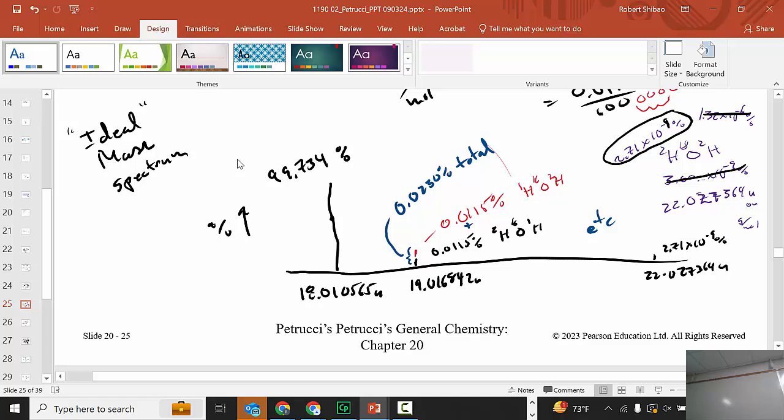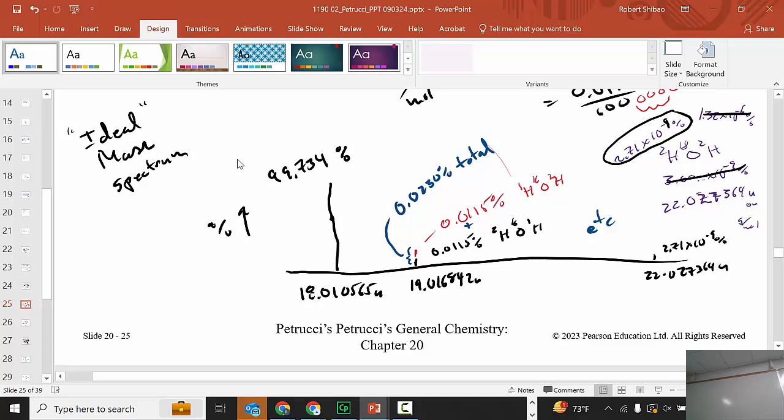Okay, in this way we can generate the entire mass spectrum. And so what we're doing is we're using that Appendix D data to generate the mass spectrum of a molecule. The Appendix D data actually comes from the mass spectrum of atoms. So you shoot the atoms into the mass spectrometer, and then you see how many peaks there are. The number of peaks equals the number of isotopes.